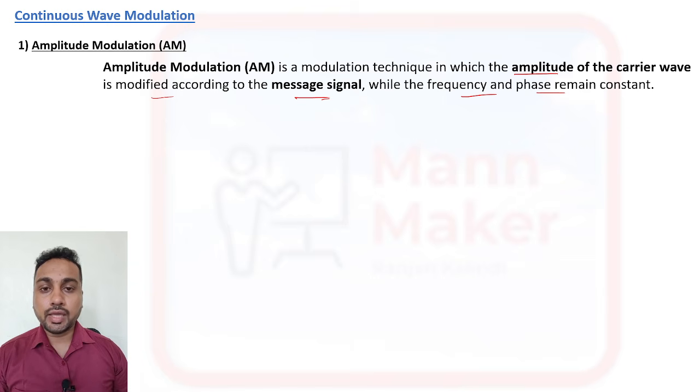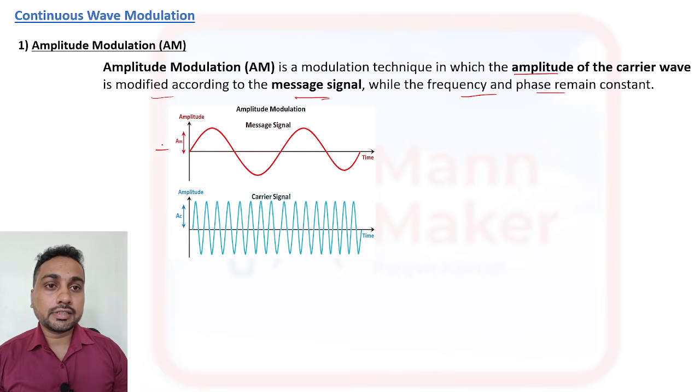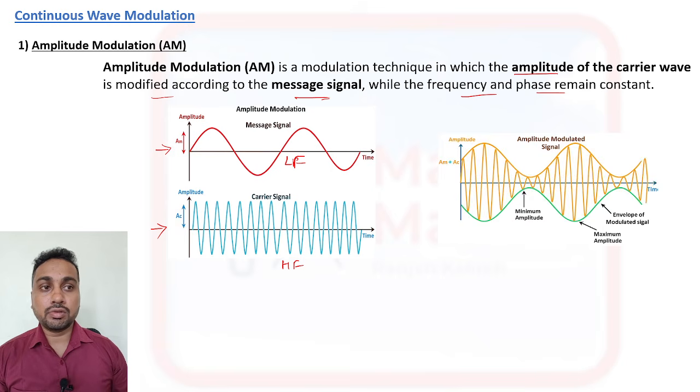In this we have one master signal. In this master signal we are superimposing our carrier signal, which has a high frequency, while the master signal has a low frequency. After superimposing, it will produce a modulation, and after modulation our waveform will look like this.